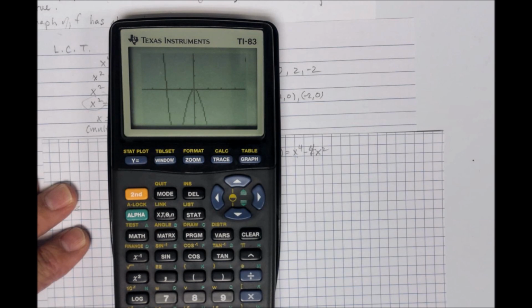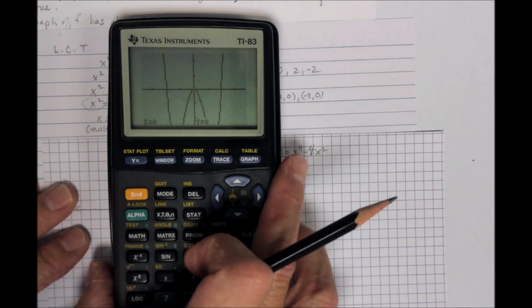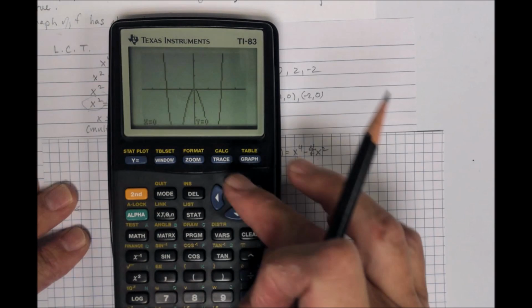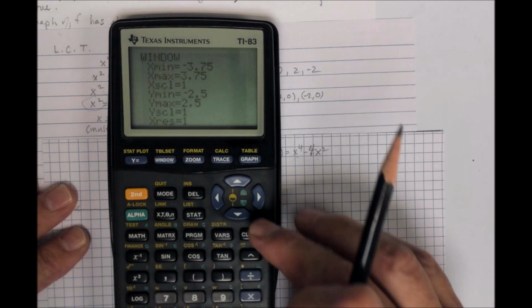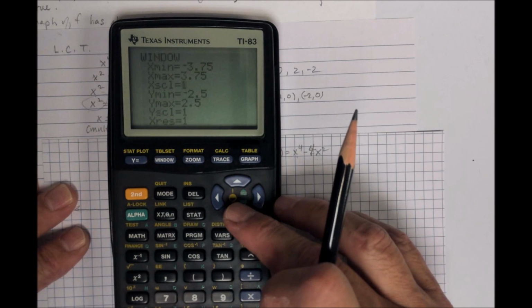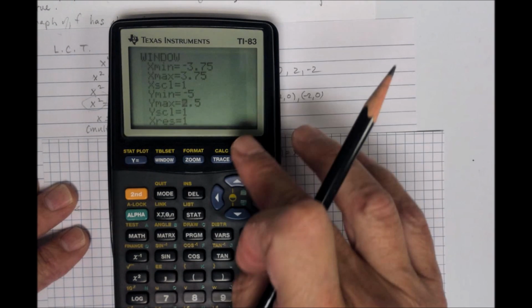Yeah, I messed up. It's lower than that. It looks like they could be occurring at x equals 1, or x equals 1 and x equals negative 1. Let's see, what's that value there? Let me change the y value just a little bit here. The minimum y value, let's go with negative 5 here, and let's see what the graph looks like.